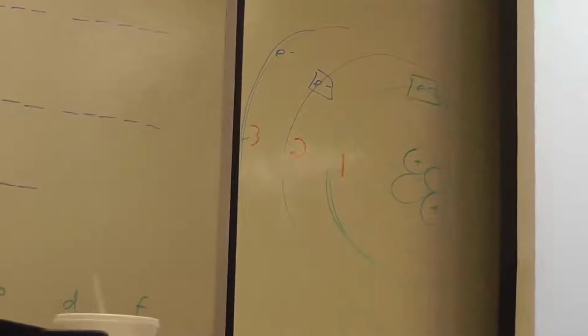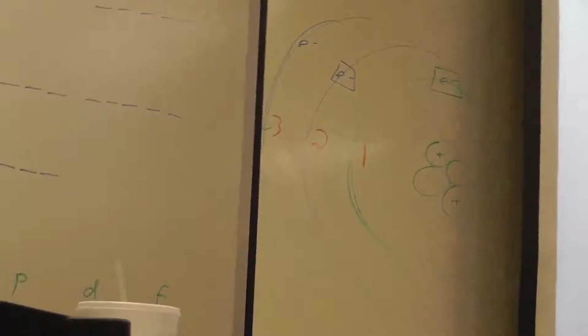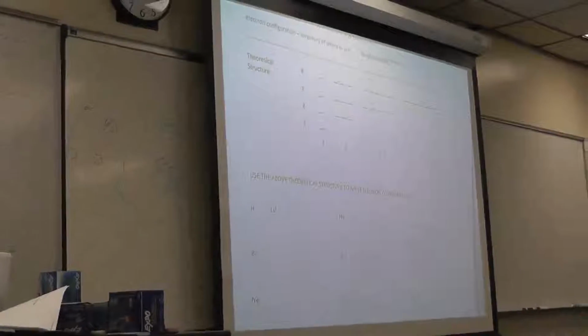Now, we're going to be looking at what's called electron configuration. The diagram here is the same as it was on the previous page.